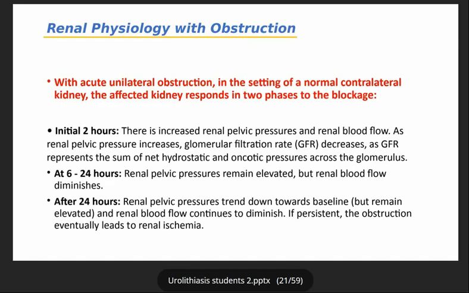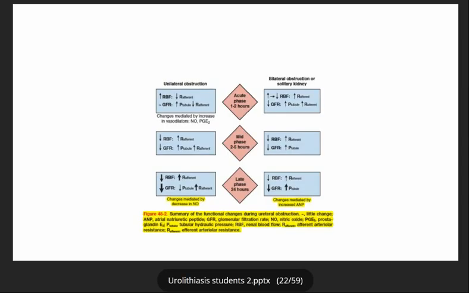Then what happens when the patient has obstruction? When the patient has obstruction, you have to differentiate between unilateral and bilateral obstruction. So there is a difference between unilateral on the left side, bilateral, or solitary kidney. What you have to know from this figure is that in unilateral obstruction, initially there will be vasodilatation, vasoconstriction, then vasodilatation in the kidney.